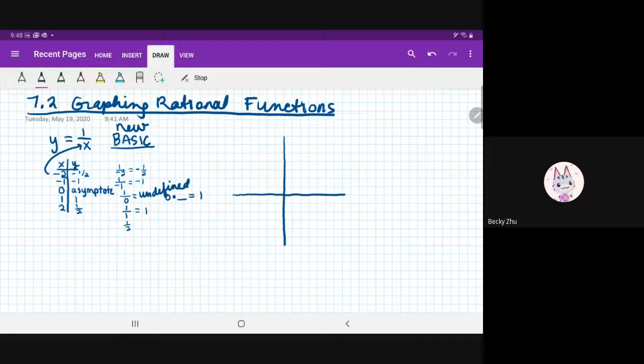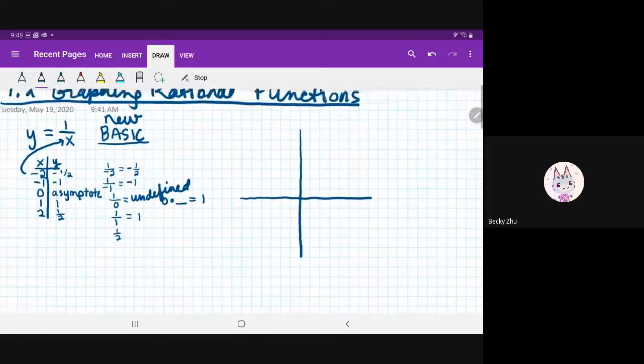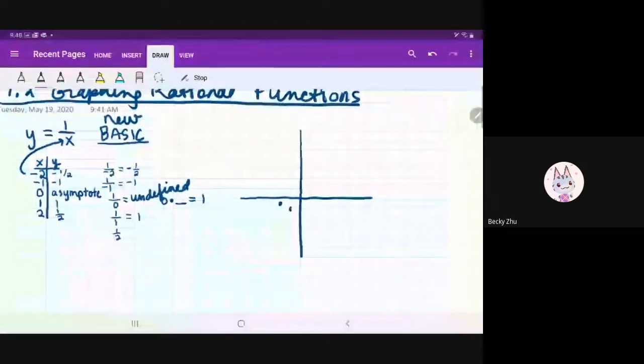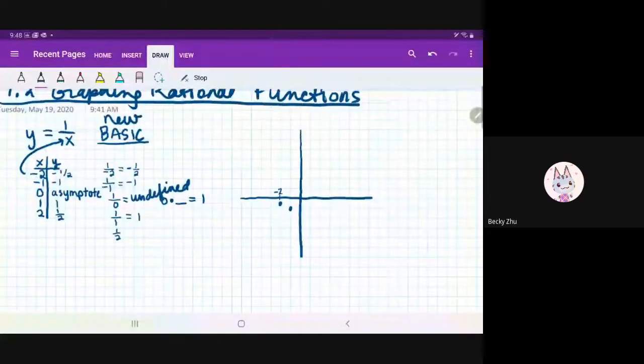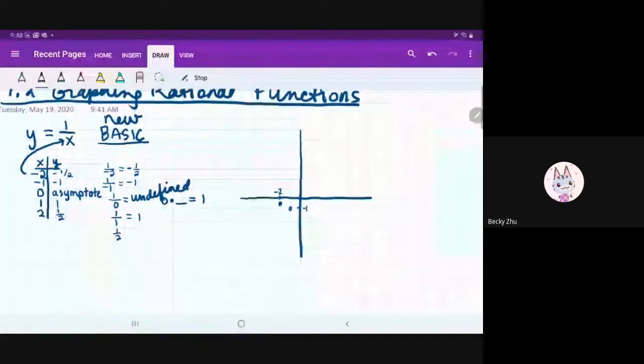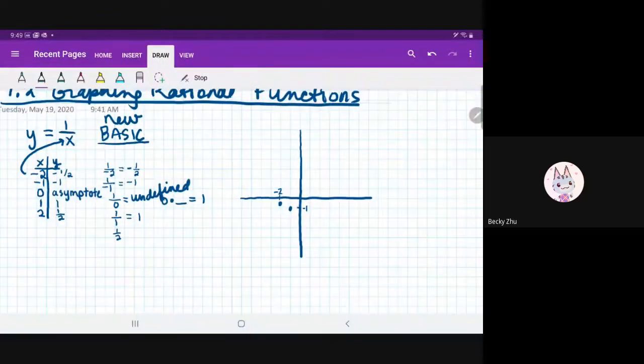Okay, so let's see. So -1, -2, -1/2. So that's going to be right there. -1, -1. Asymptote, okay. 1, 1. 2, 1/2.